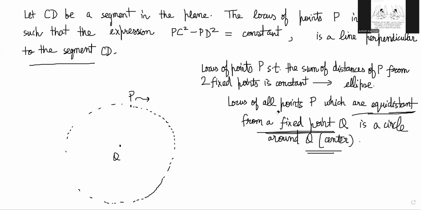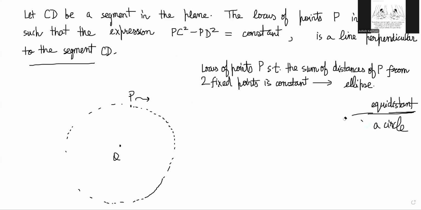You might not have seen the word ellipse or the curve ellipse before, but you will see it in 11th very soon, because in coordinate geometry you'll learn all this. Focus 1 and focus 2.